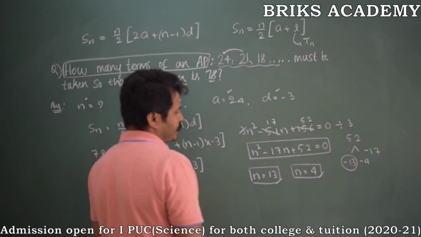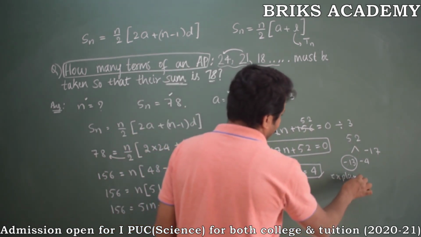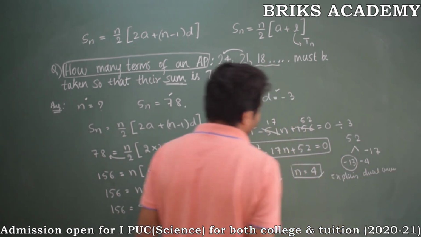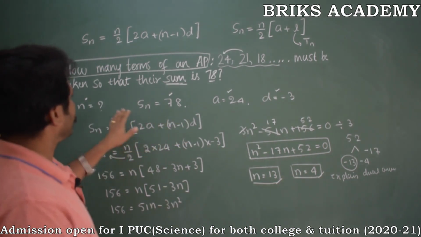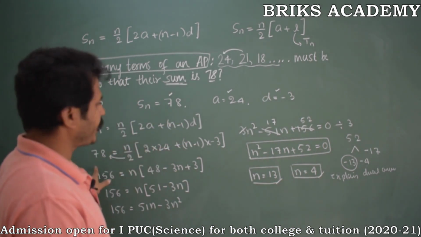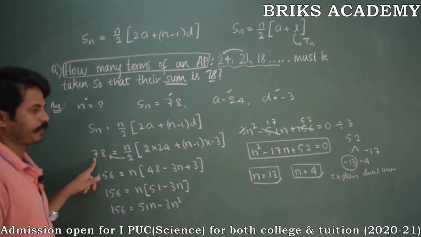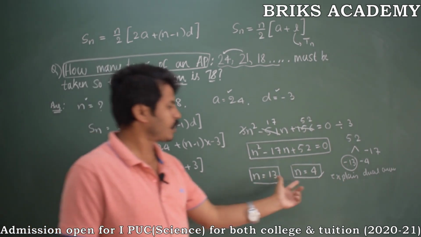They might ask the question, explain the dual answer. Explain dual answer. So n is equal to 4, that is, if you add 4 terms, you will get, how much is it? 78. If you add 13 terms also you get 78. Is this right? Are both the answers true?